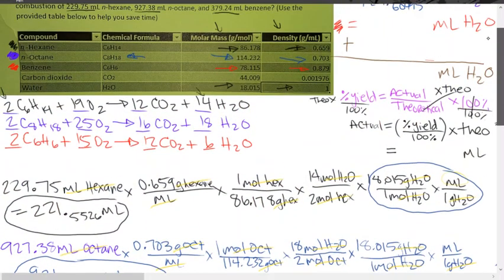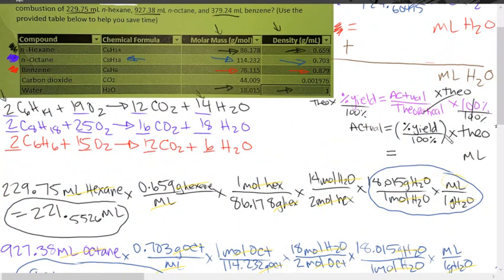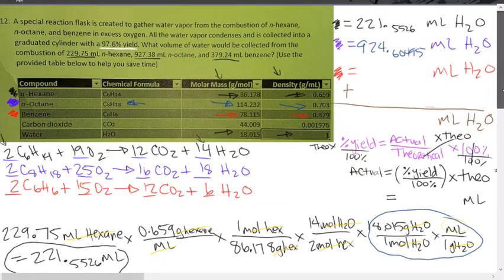So with this number, we're going to scroll up. We're going to use this formula right here that I rewrote. So actual is equal to the percent yield divided by 100% times our theoretical yield. And what we just found was our theoretical yield, so we can do this part of the math super quick. 97.6 divided by 100 is going to be 0.976.